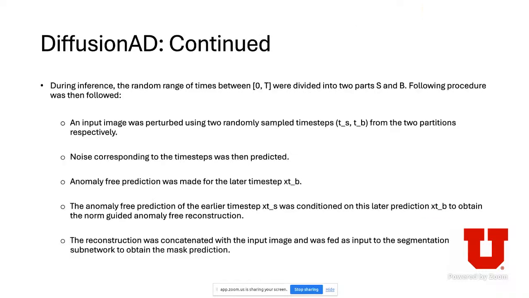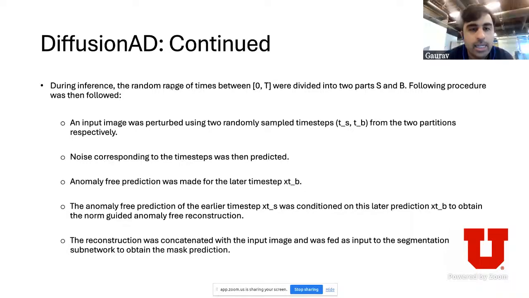Yes, so this was a part of the inference process where, during inference, the random range of times between 0 and t was divided into two parts, S and B. The following procedure was then followed. An input image was perturbed using two randomly sampled time steps, TS and TB, from two partitions respectively.